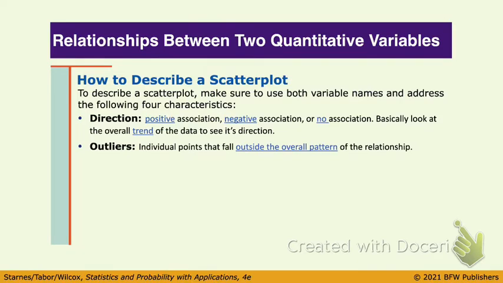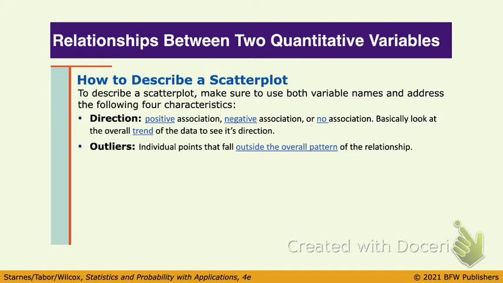Outliers. Outliers are going to be individual points that fall outside the overall pattern of the relationship. Basically, you look at it and you're like, oh, that guy's outside the pattern.